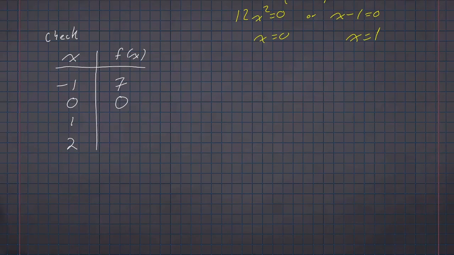Plug in +1, we get 3 minus 4, which is -1. Plug in 2. Let's see. 3 times 2 to the fourth power is 16. 3 times 16 is 48. 2 to the third power is 8. 4 times 8 is 32. And 48 minus 32 is 16.